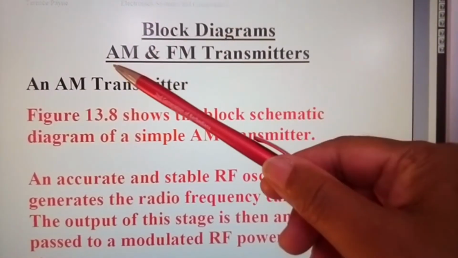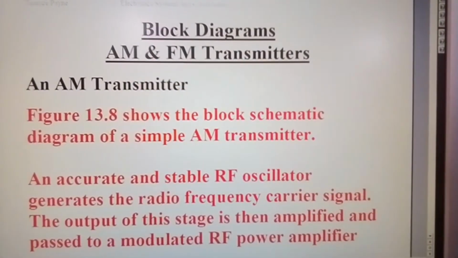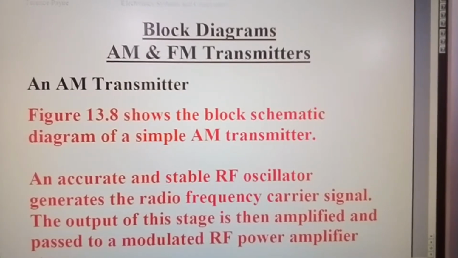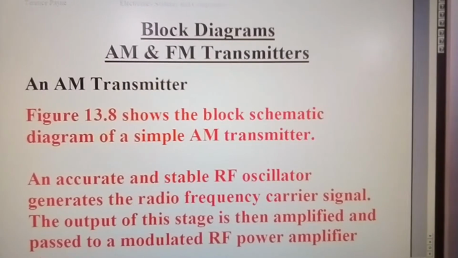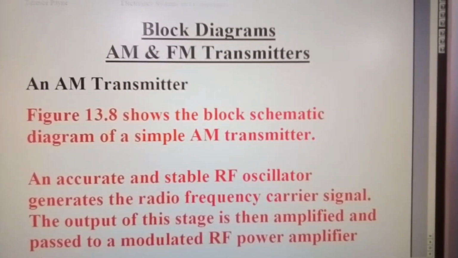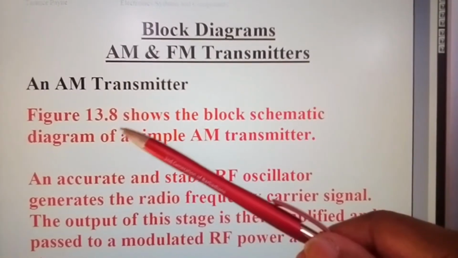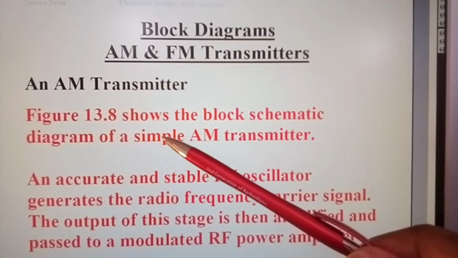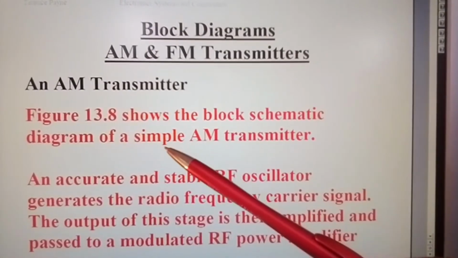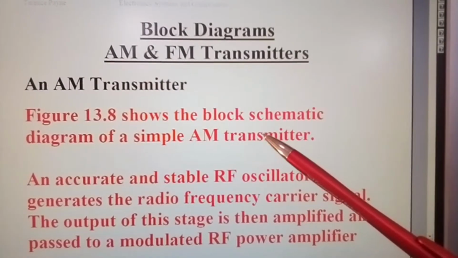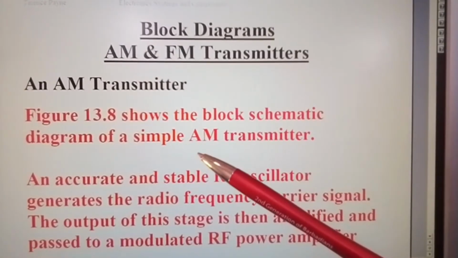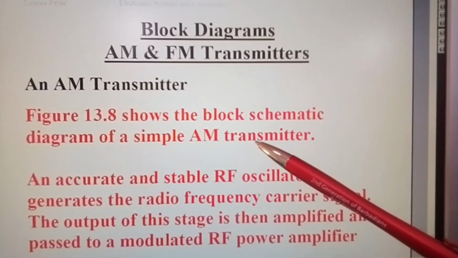Okay, block diagrams, AM and FM transmitters. An AM transmitter, as in figure 13.8, shows the block schematic diagram of a simple AM transmitter.